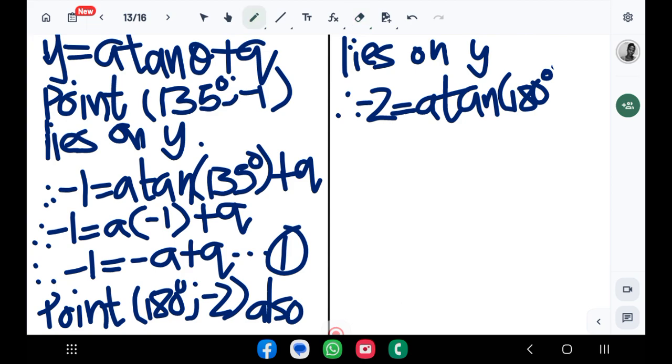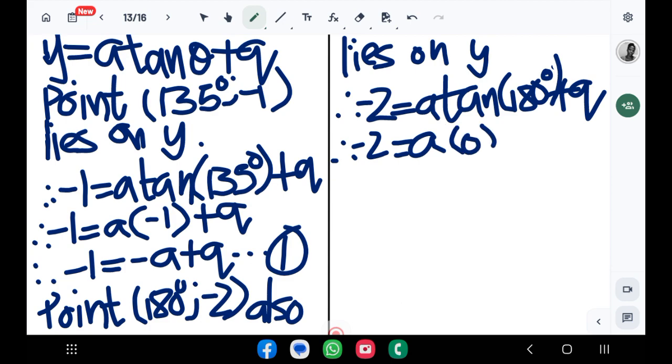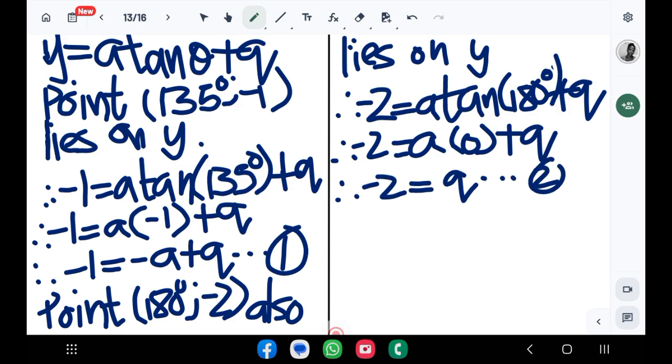Tan of 180 degrees is equal to 0. So that is 0 plus q, meaning that negative 2 equals q. That is your second equation.